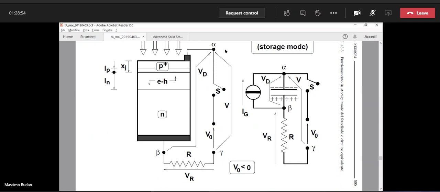Assume that the switch S that is visible in the figure is closed. So we apply a voltage V0, and this voltage V0 is negative. So the photodiode is biased in reverse, with the reverse bias. So if there is no light, we have a small current in the device.